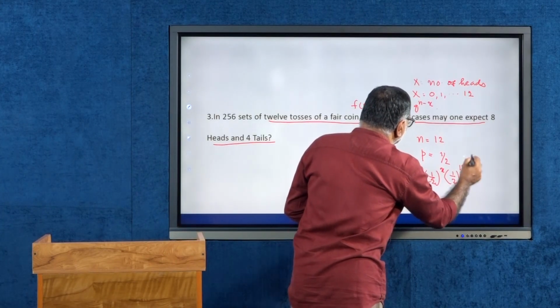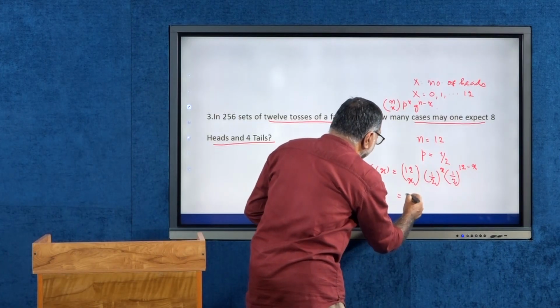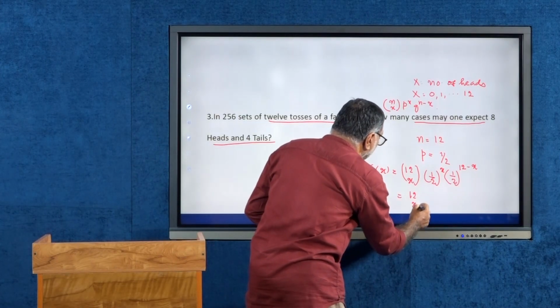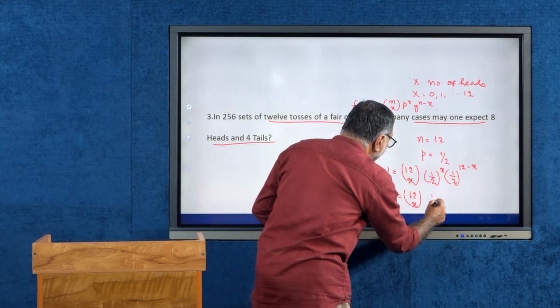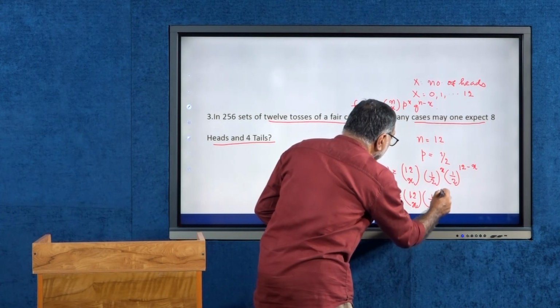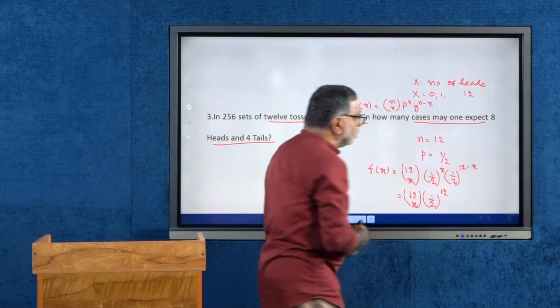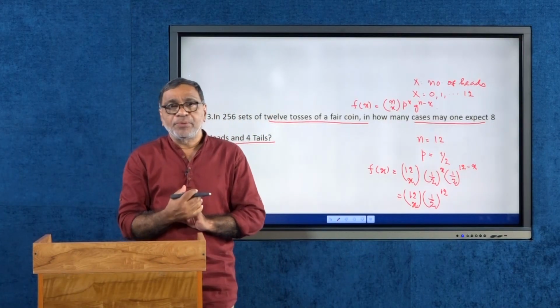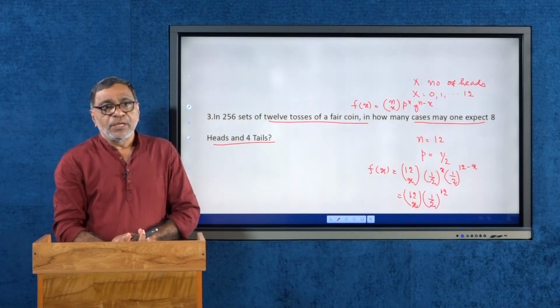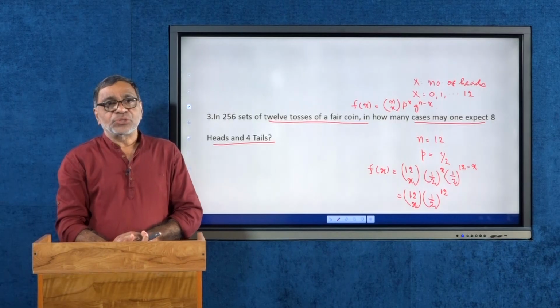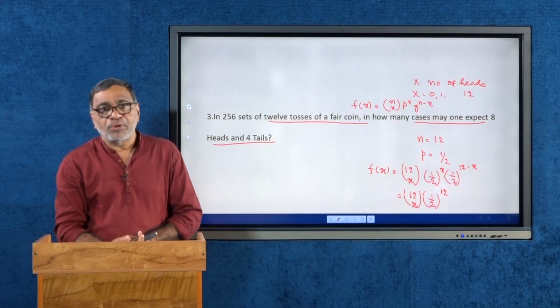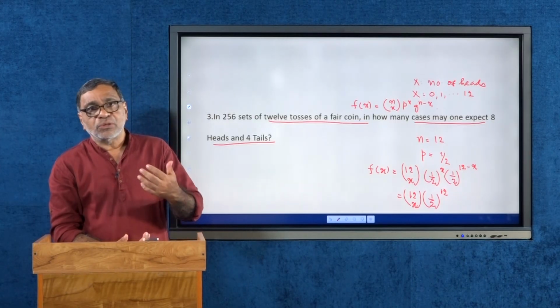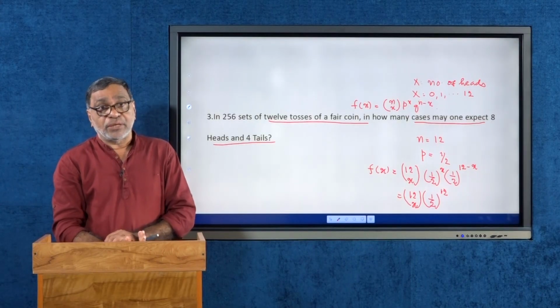When p and q are equal, this expression reduces to the form 12 Cx 1 by 2 power 12, because combining the powers we get 1 by 2 power 12. So, this is the probability mass function of the random variable x, where x is the number of heads obtained when we toss a coin 12 times.